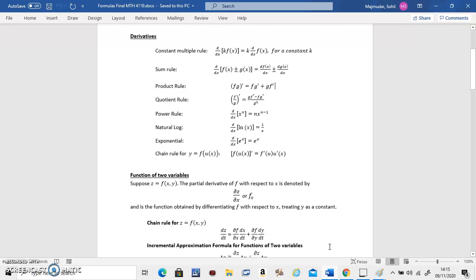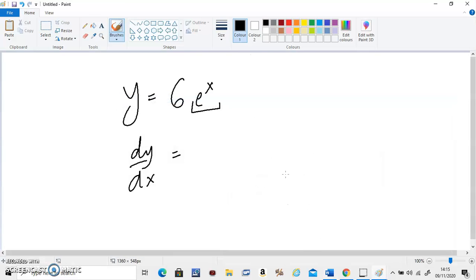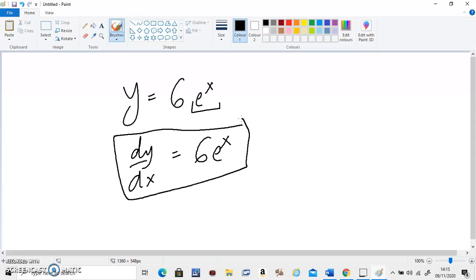So it means it remains the same. The exponential function remains the same. So you keep the 6 as it is, and you also keep this as it is. And this is your answer. If it tells you at a point, in place of x, then you plug in the point.